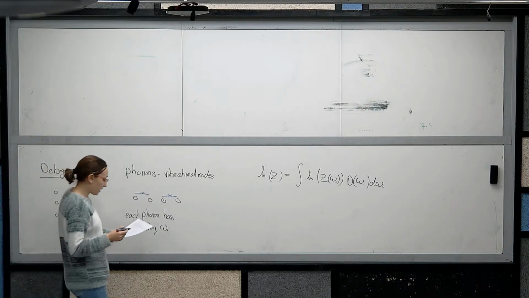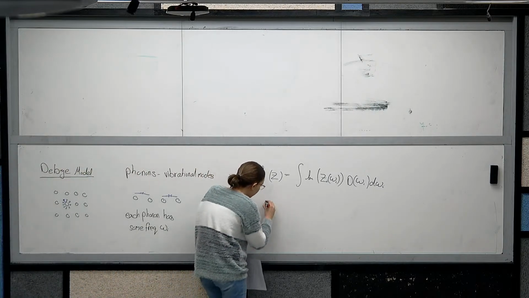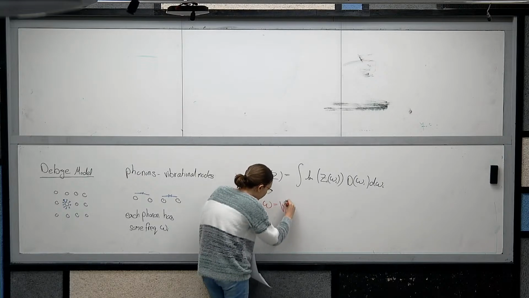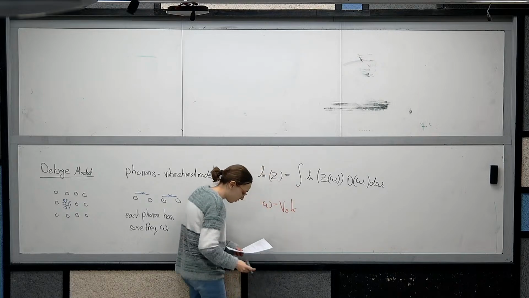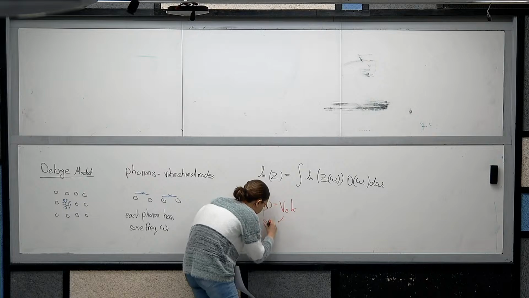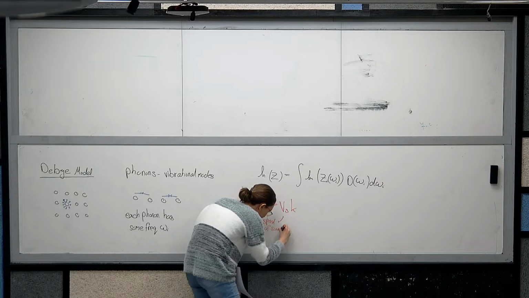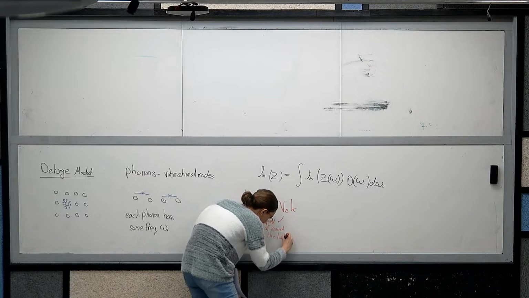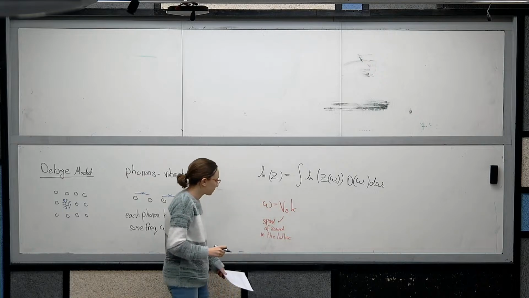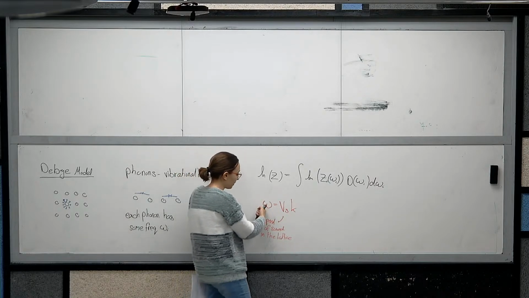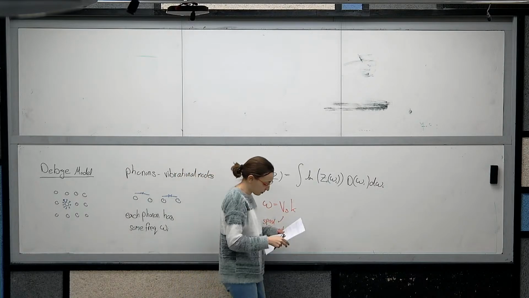So it assumes a linear dispersion in the lattice such that omega equals vs k, where vs is the speed of sound in the lattice. So it assumes a linear dispersion between omega and k.